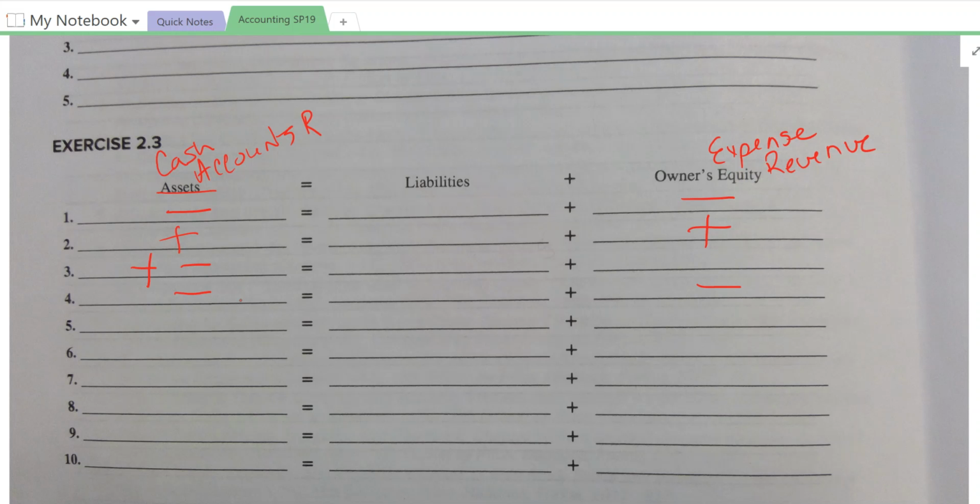Okay, number 5, we paid $8,000 to a creditor on account. Okay, so we paid $8,000. That's easy. We are spending money, so that's a minus sign in cash. A creditor is someone to whom we owe money. For example, let's go back to the service of a plumber.